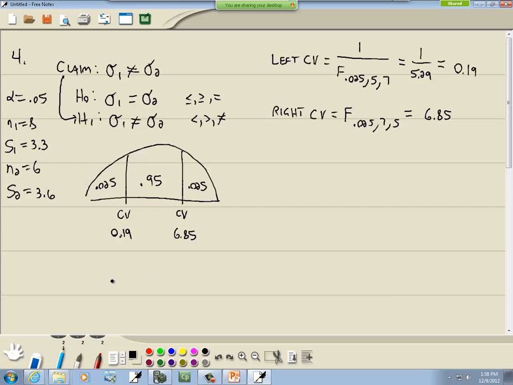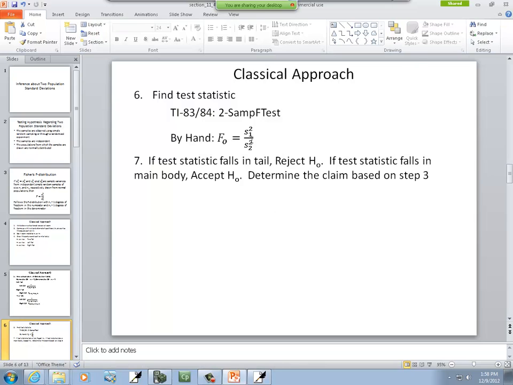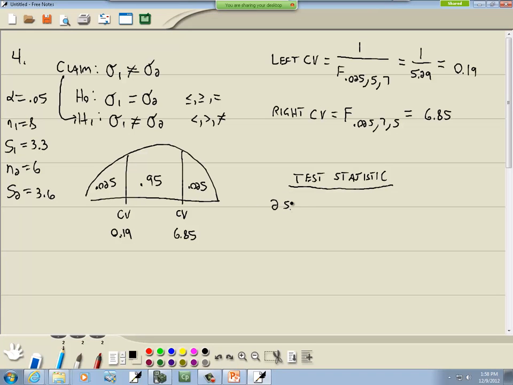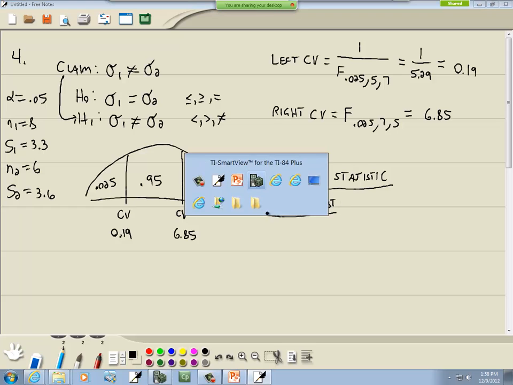We'll do it with technology, and we'll do it by hand in the same video here. Sometimes I split those up just because I don't want the video to become too long. So it says we're going to use 2-samp F test. So let's go see what that entails.